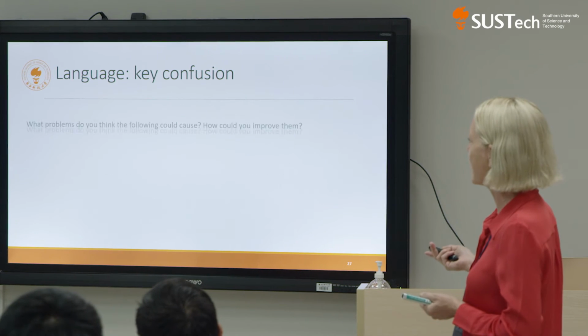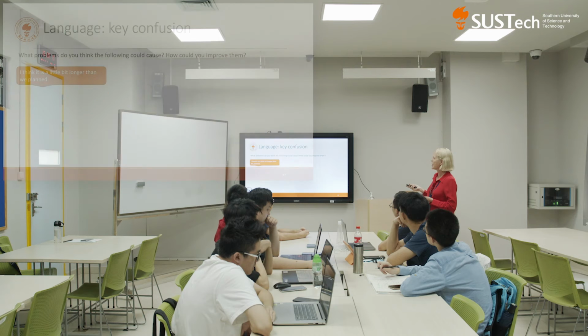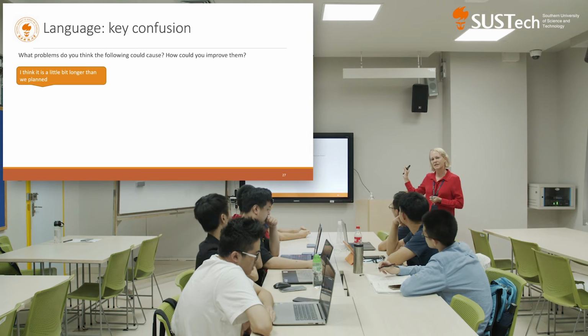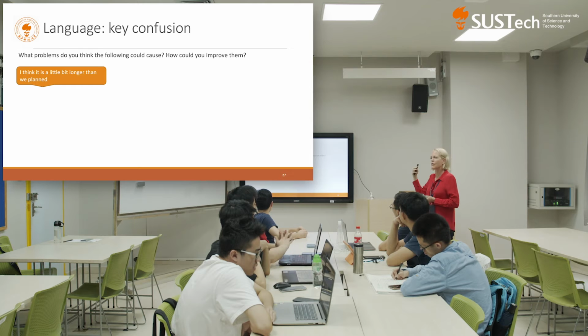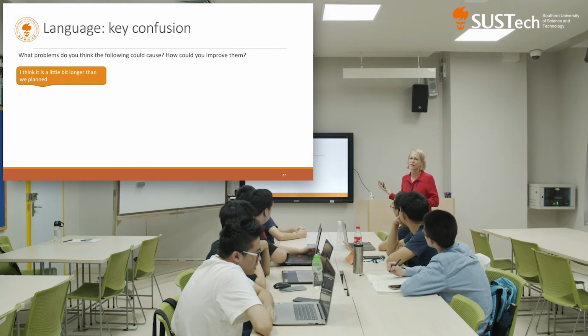So I want you to think about what you think is the problem with this particular comment. If you were to say this, what impact could this have, especially in an engineering project?